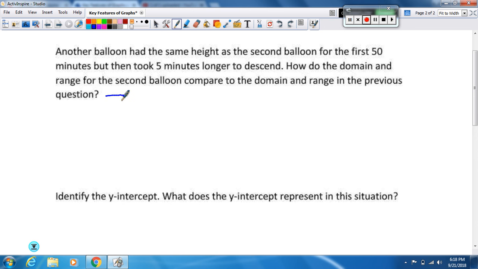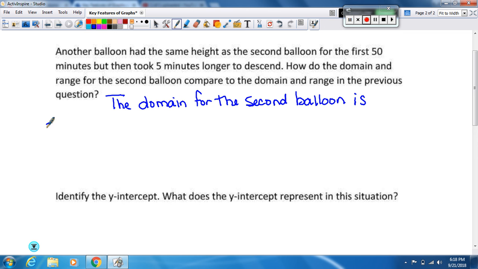Well, the domain for the second balloon is, in set notation, x such that, instead of 60, let's look over here at the graph a minute.